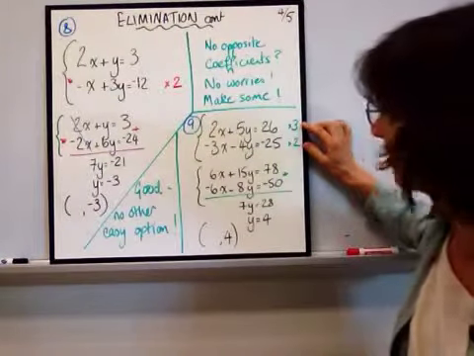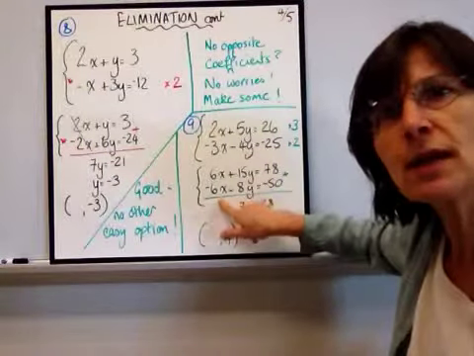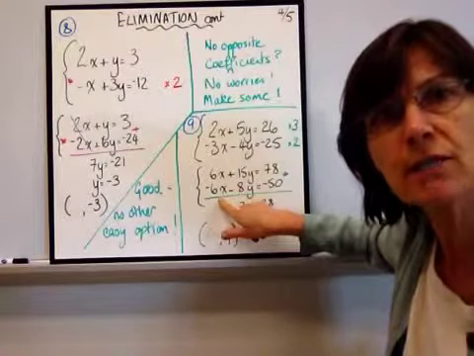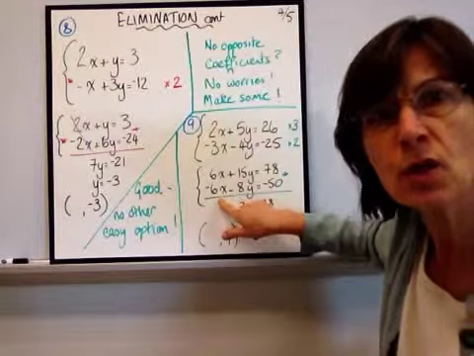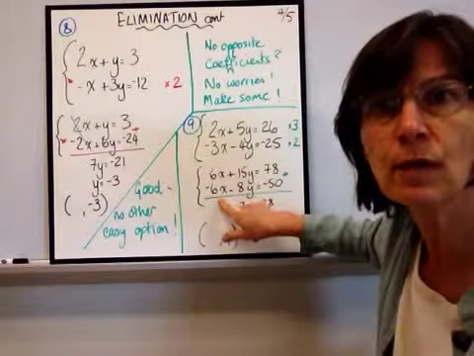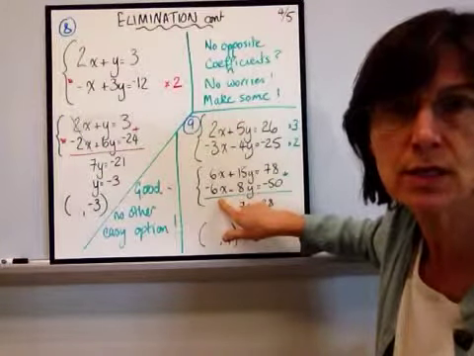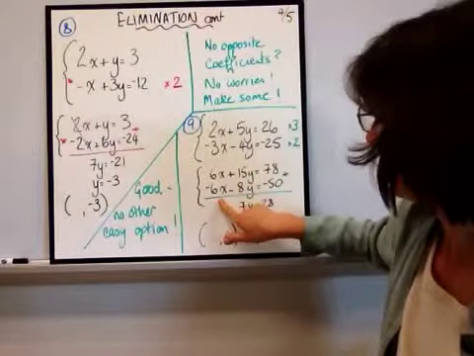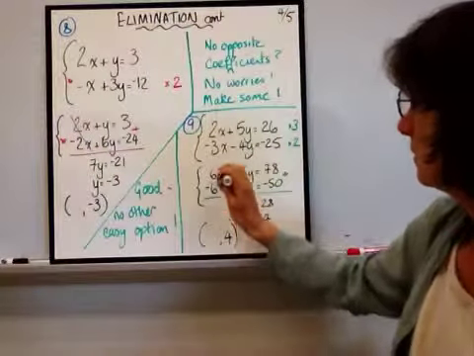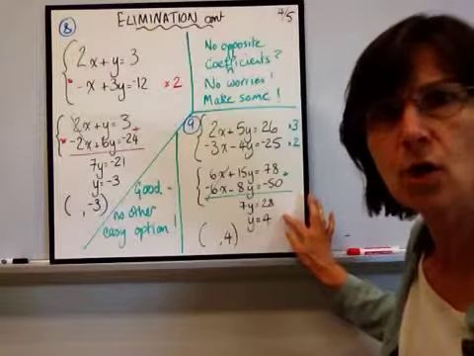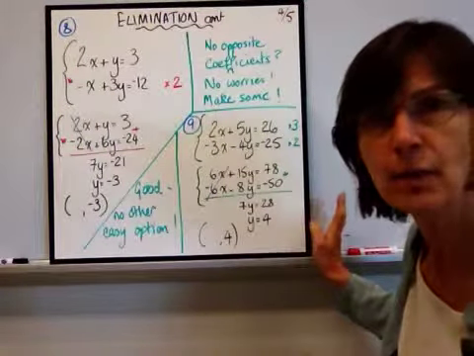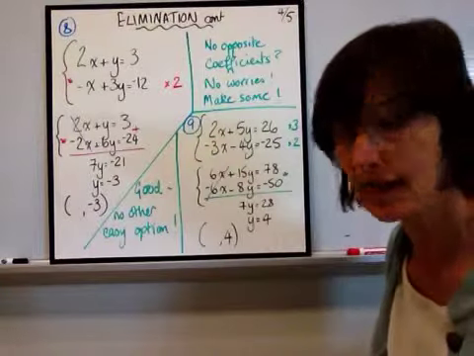And if I do that, my x terms are going to have opposite coefficients. One's going to have 6, one's going to have negative 6. So you can multiply both equations, do whatever you need to do so that when you add them, one of the terms will disappear. And so when we do that, that will disappear. Add them, solve, we're halfway there, and then you plug in to get the other answer.